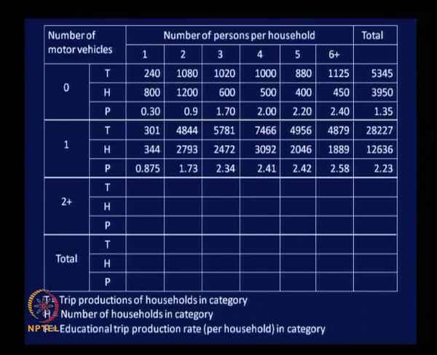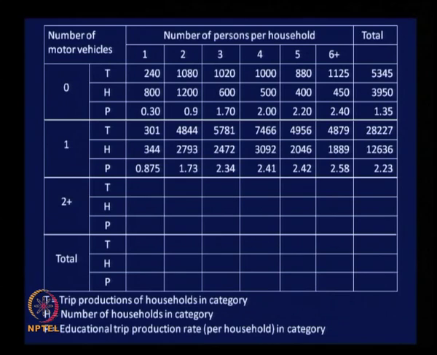Then if you consider one vehicle owning households, we find that for the same household size the trip rate is increasing. If we consider one person household, previously we found the trip rate was 0.3, here it is 0.875, clearly indicates the influence of vehicle ownership on trip rate.